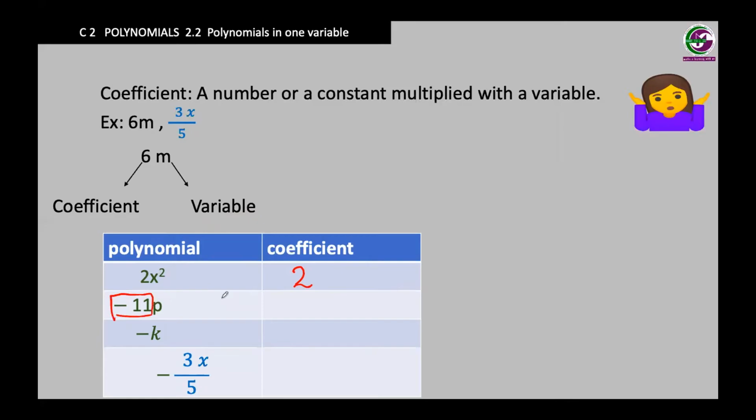It is not 11, it is negative 11. Again, what is the number multiplied with k? It is not simply negative, it is negative 1. Because you can multiply k with 1. Again, here, what is the number multiplied with x? It is negative 3 by 5. Is that clear, the term coefficient?